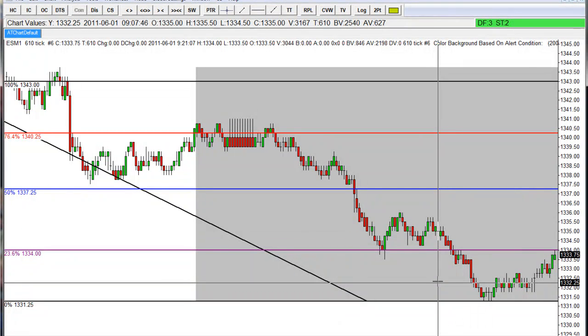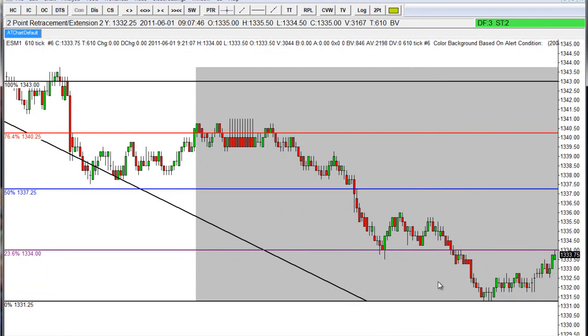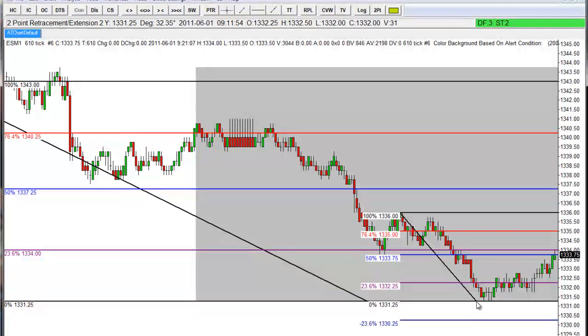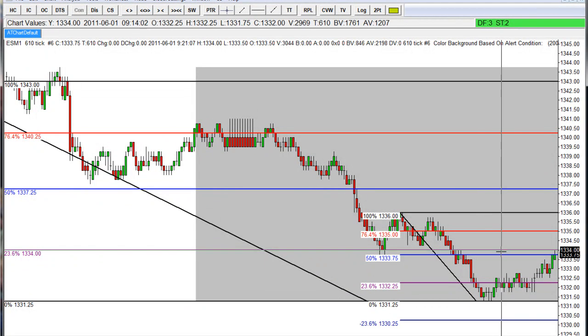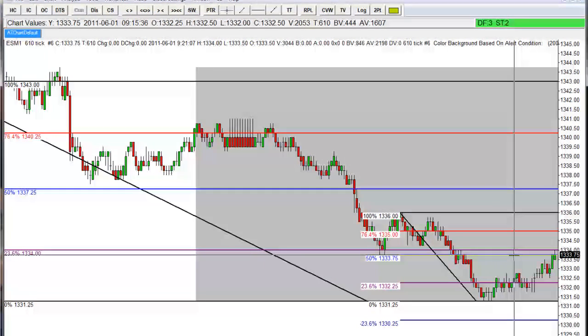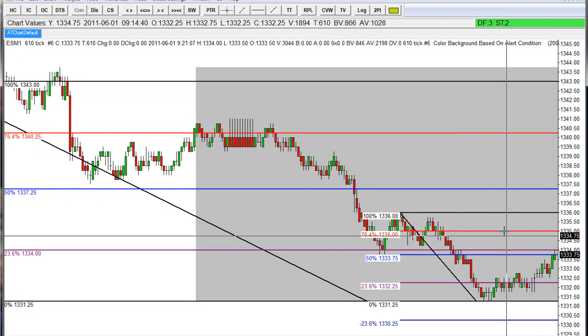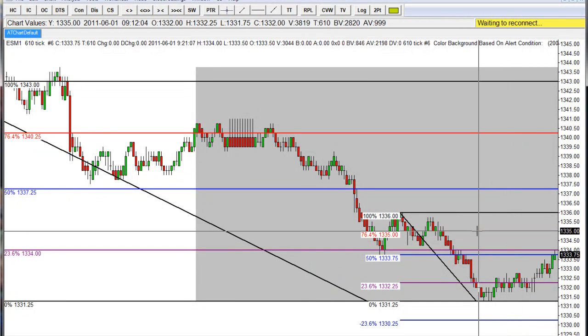Although that increases the risk somewhat of taking bad trades, because price has moved in an extended fashion, so a big retracement could happen. So if I were to draw from the pivot high here to this pivot low, when price retraces, it could blow past the 50% level, past the 76.4% level, and stop me out.